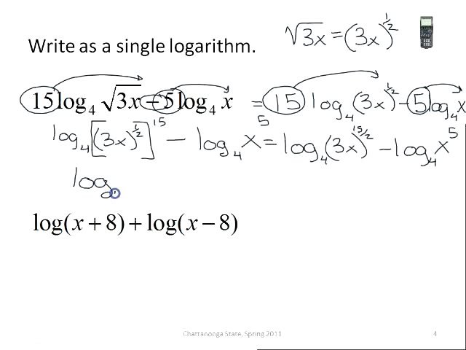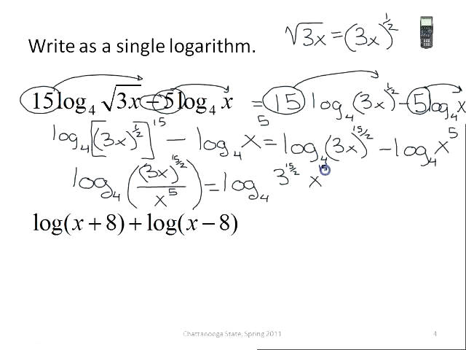Now, because it's subtraction here, I'm going to write it as a division. 3x to the 15/2 power over x to the 5th power. Let's see if I can simplify the exponents here a little bit. This would be 3 to the 15/2 times x to the 15/2 over x to the 5th power.